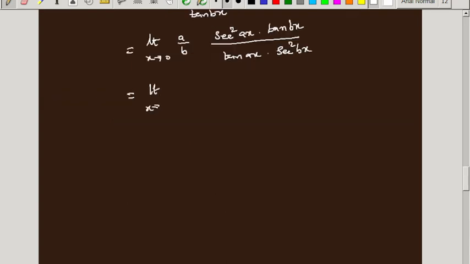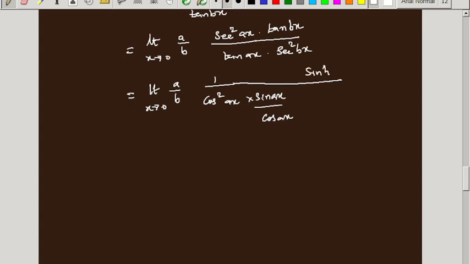Limit x tends to 0, a by b, secant square ax is 1 by cos square ax, then tan ax can be written as sin ax by cos ax, and tan bx can be written as sin bx dividing by cos bx, and secant square bx is 1 dividing by cos square bx.